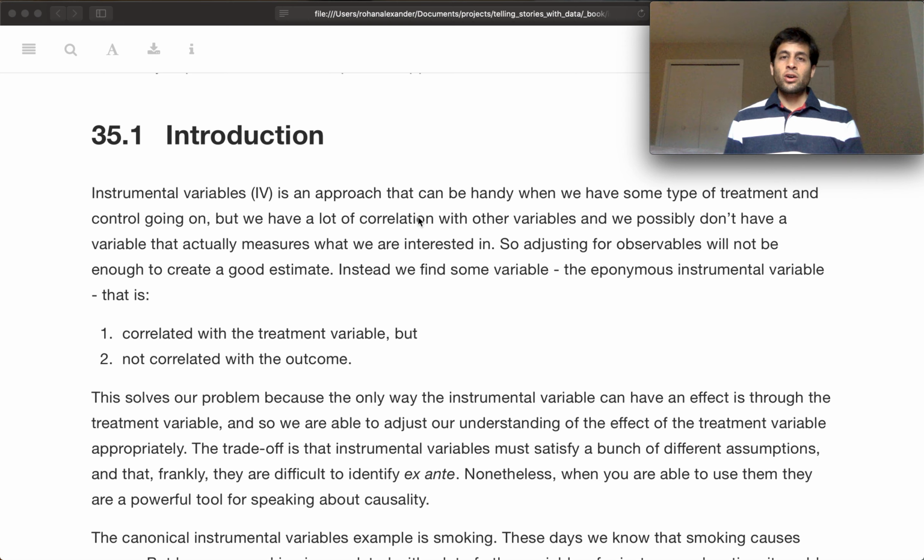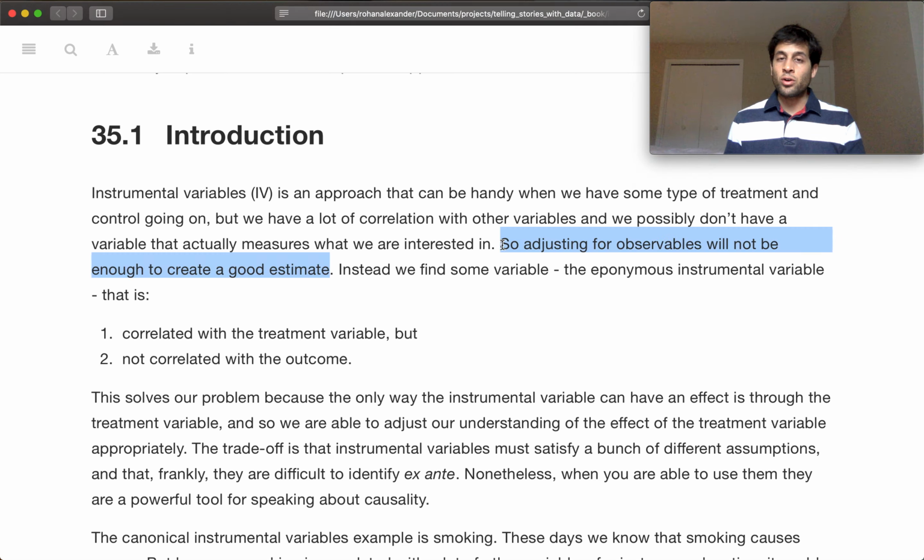The issue with having a whole bunch of different, possibly confounding variables is that even if we adjust for the observables, we might not be able to create a good estimate because there's a whole bunch of other unobservable variables that might actually be influencing our result.